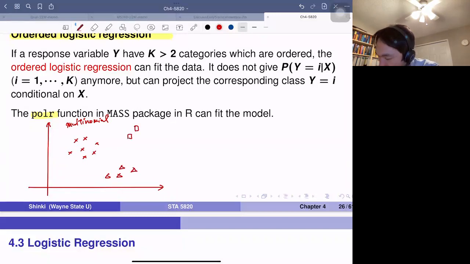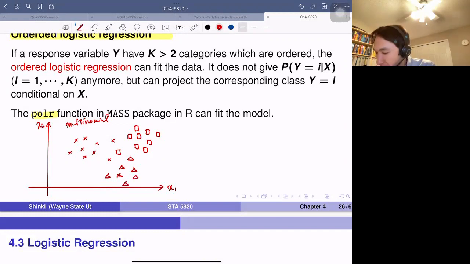Suppose we have this kind of observations, maybe some difficult to distinguish. This is x1 and this maybe x2. The idea of multinomial regression is pairwise.